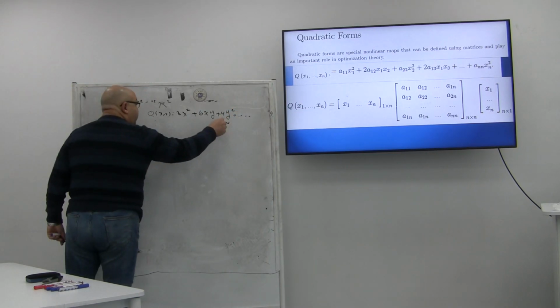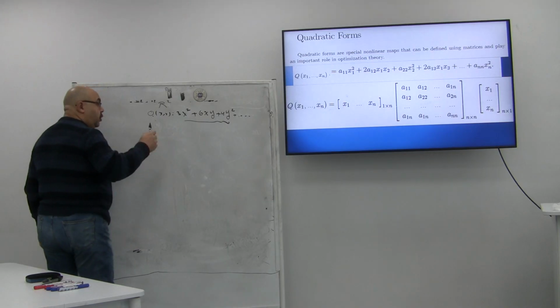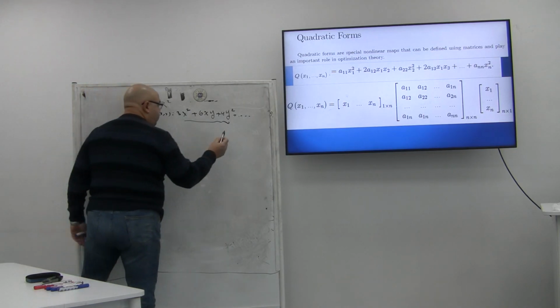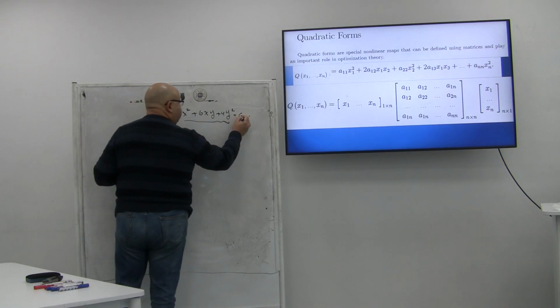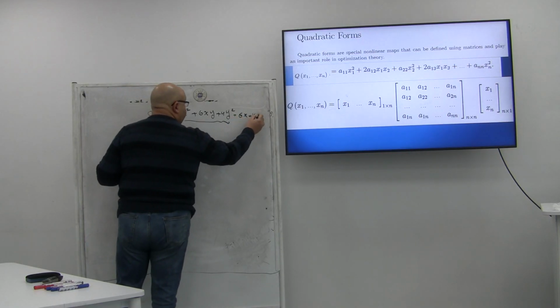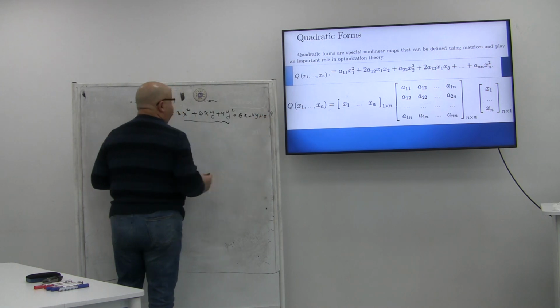This is the quadratic part that we are dealing with. Of course, the remainder of this expression may or may not contain terms like 6x plus 4y plus 12 or something like this.